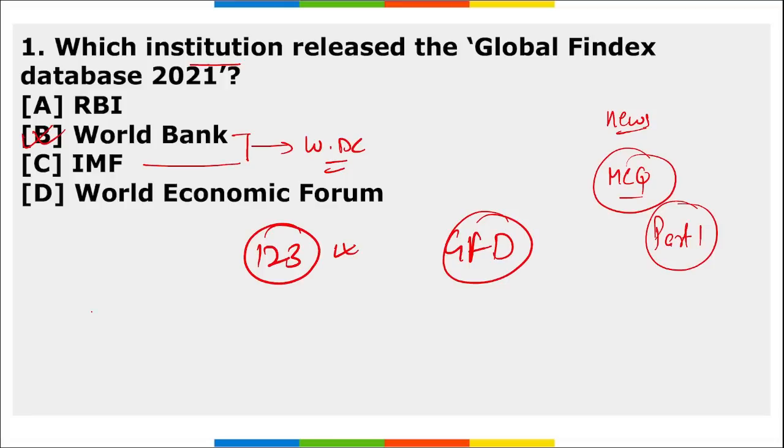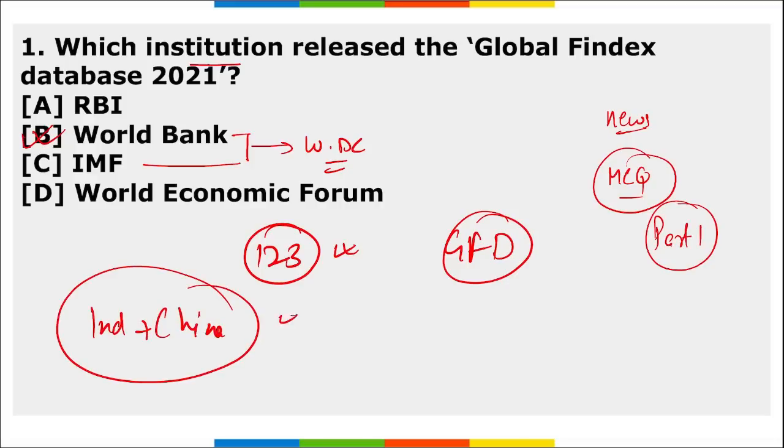As per the report, a large share of the global population without formal banking lives in India and China, because of their size and huge populations. The report also found that women are more likely to be unbanked than men. So coming back, this Global Findex database was released by the World Bank.